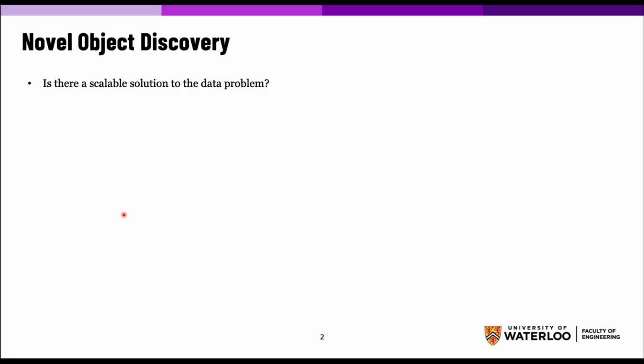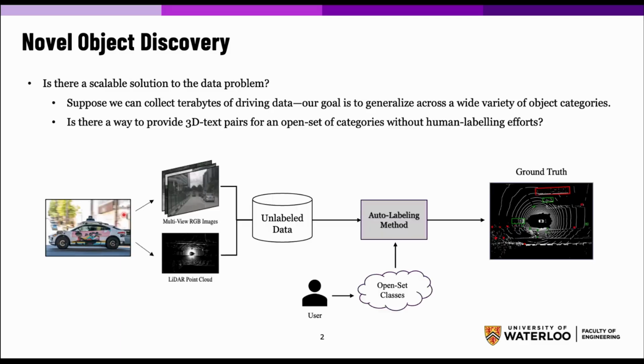Since we have a data problem, I want to know if there's a scalable solution to this problem. Suppose we can collect terabytes of driving data, and our goal is to generalize across a variety of object categories. Is there a way to provide 3D text pairs given an open set of categories without human labeling efforts?